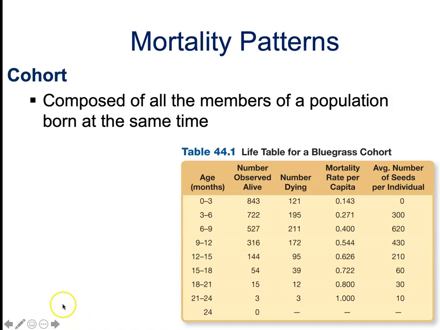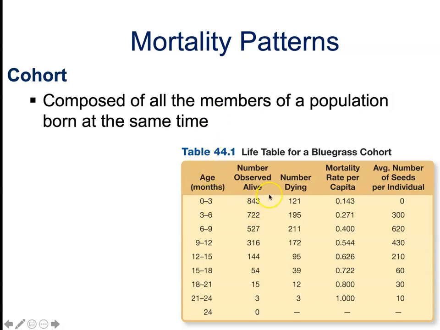The cohort was originally made up of 843 individuals, but after 3 months, 121 had died, leaving us with a mortality rate of 0.14%. Another more cheerful way to look at this is to see that after 3 months, 722 individuals have survived, and we can plot this type of information on a survivorship curve.